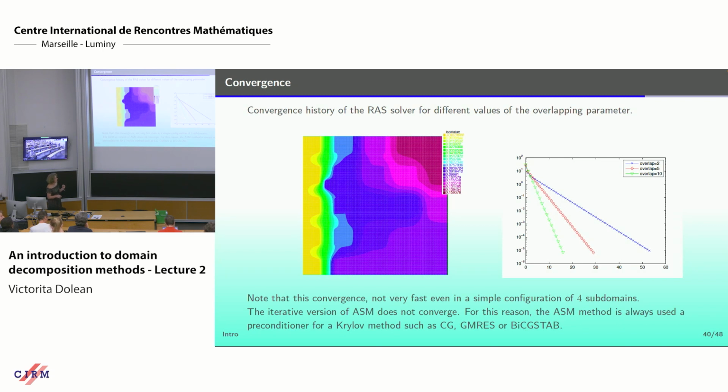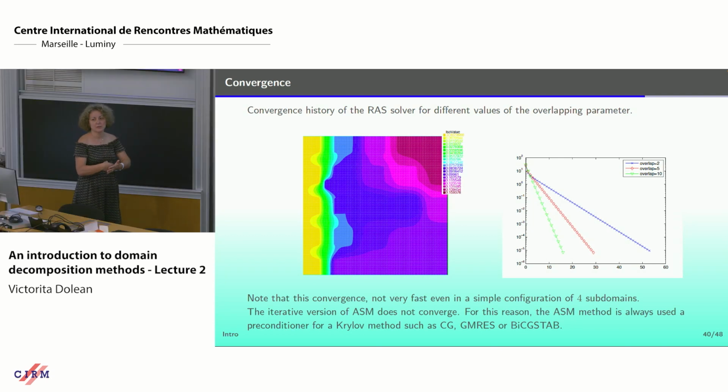As I explained, you have seen my little convergence study. You expect that if you increase the overlap, the convergence will be better. Now there is a price to pay. The more overlap you have, the more redundant information you have between the domains, so the algorithm will be more expensive. You need to find the trade-off between how much overlap you put and the quality of your targeted convergence.